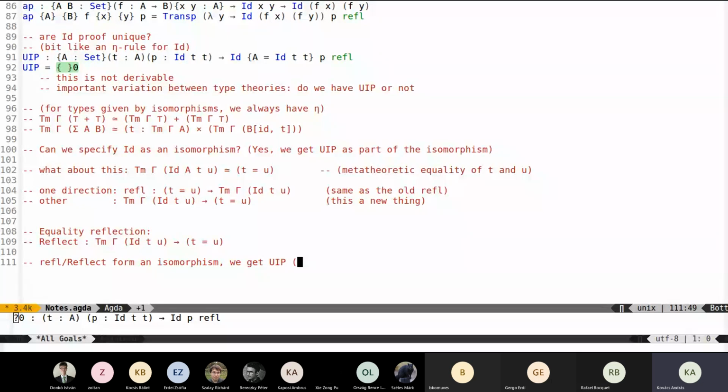We get UIP, but only if the meta theory has UIP. If you have an isomorphism which goes out to the meta theory, then the identity type inherits the properties of the meta theoretic equality and inherits UIP. But if the meta theory doesn't have UIP, then it doesn't inherit UIP.